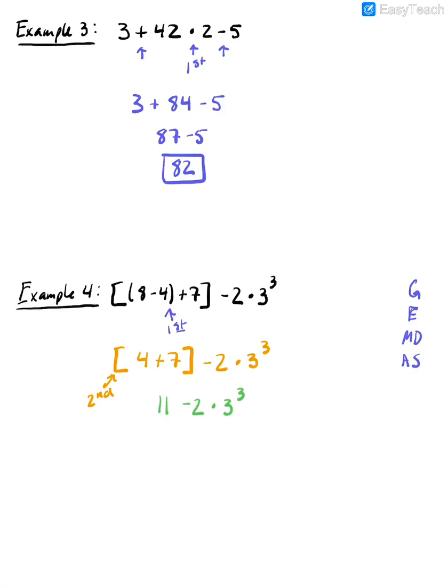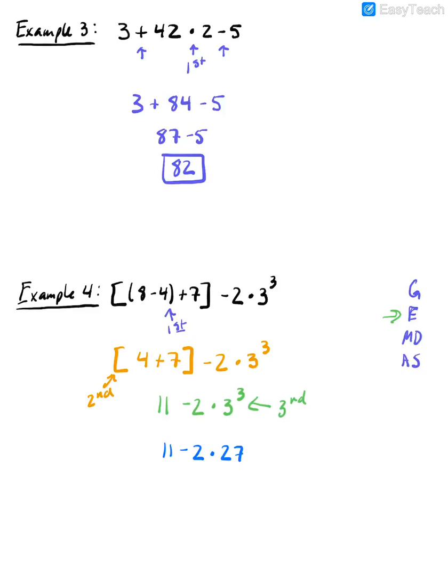Okay, and now I've gotten rid of all my grouping symbols, but the next step would be exponents. Okay, so I have a cube there with a 3, or 3 to the 3rd power. So this would be the third action I would take. So 3 cubed is actually 27.